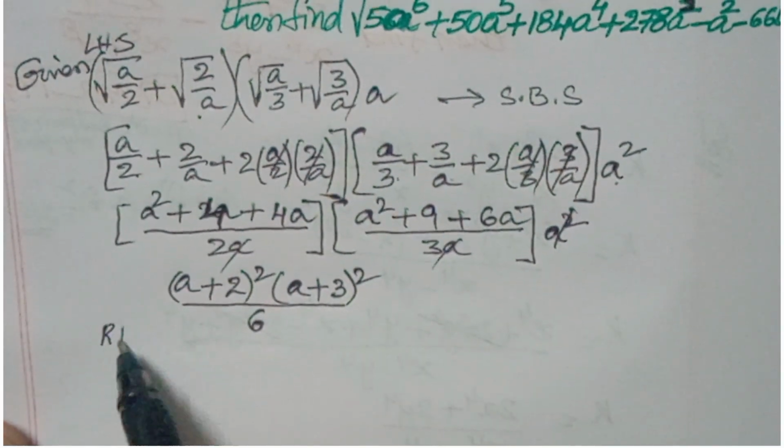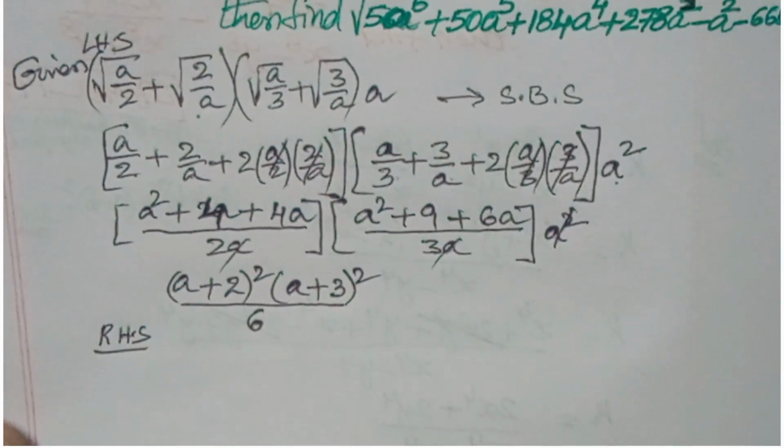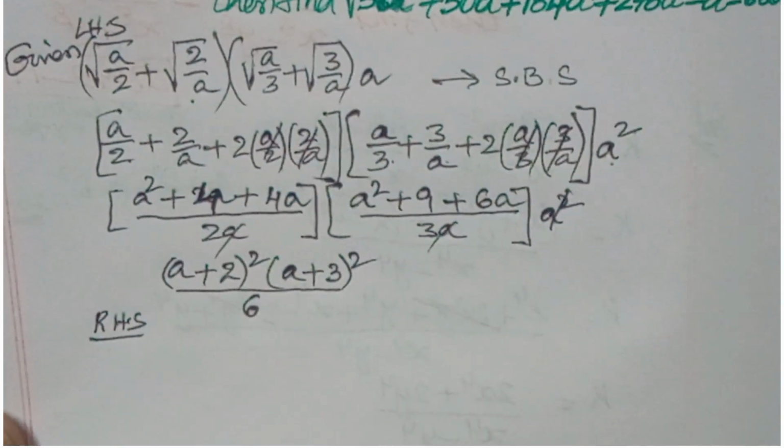If you take RHS, same like this, you have to do squaring on both sides.